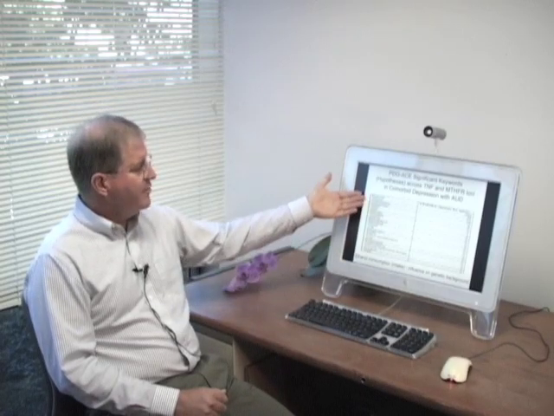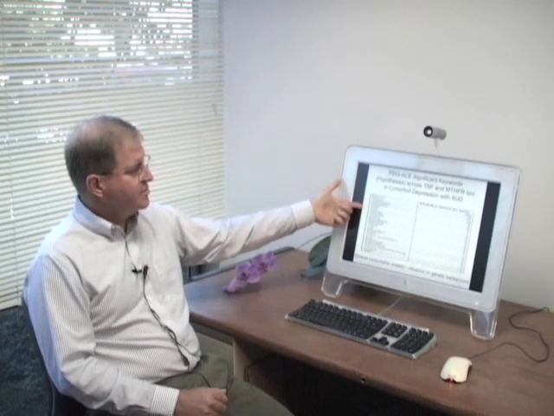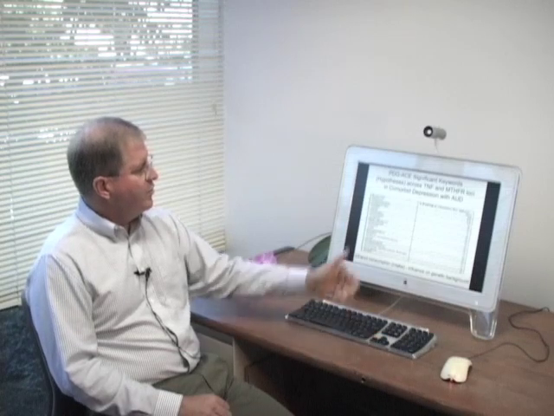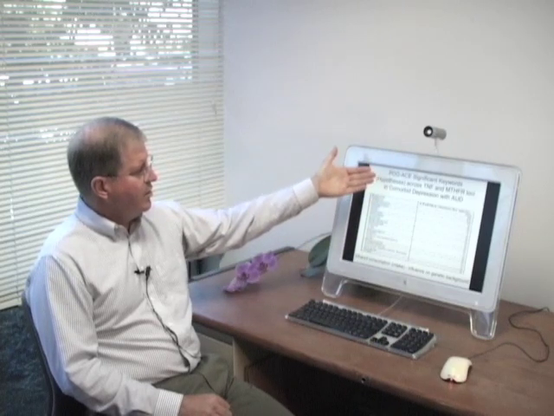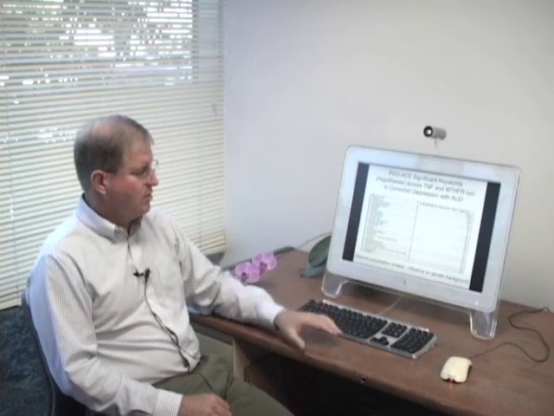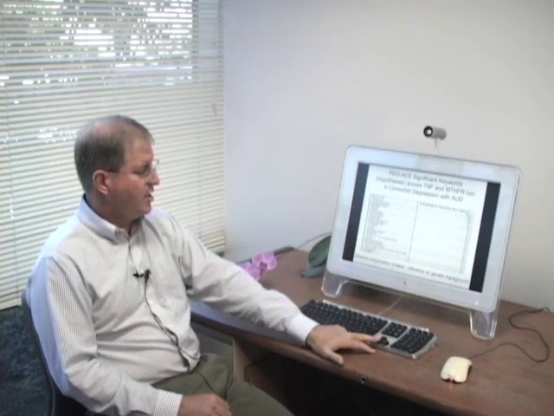So this combination of these top scoring keywords gives us an indication that this pair of genes is influencing or is being influenced by ethanol consumption or intake. So at this point, we're talking about not only a genetic interaction, but ethanol is an environmental influence on this genetic network.